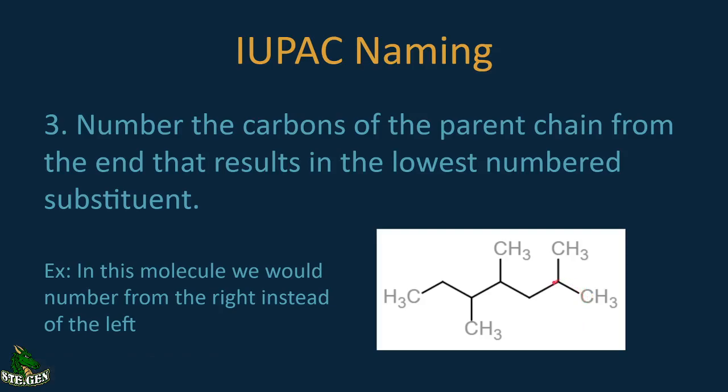We would go 1, 2, 3, 4, 5, 6, 7. So make sure that you keep that in mind, that just because you're given a molecule a certain direction does not mean you can just number it from left to right. You've got to check. Some of them may not even be on the horizontal axis at all. Some of them may get numbered like starting down here, come up, come over, and then come up some other part of the molecule. So make sure that you're keeping that in mind.